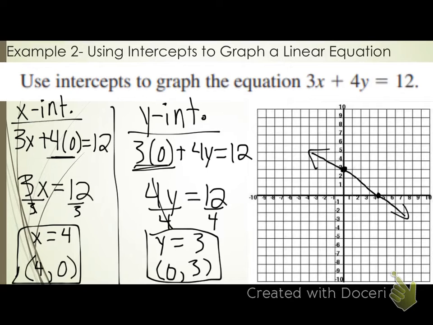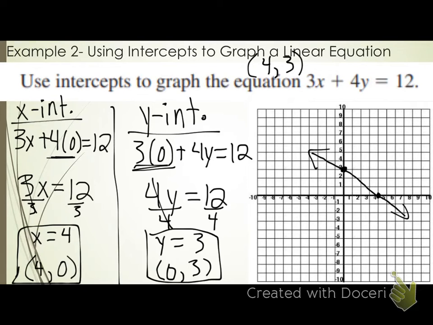It tells you to graph using your x and y intercepts. Find your x-intercept by replacing y with 0, solve for x. Then find your y-intercept by replacing x with 0, solve for y. Please do not write your x and y intercepts like this. Don't write (4, 3).